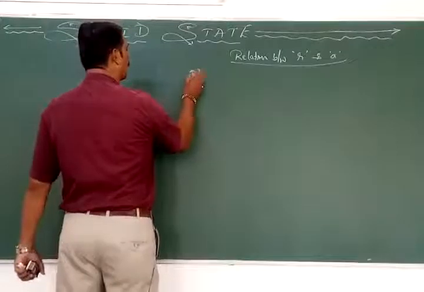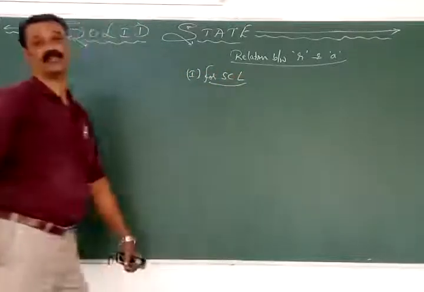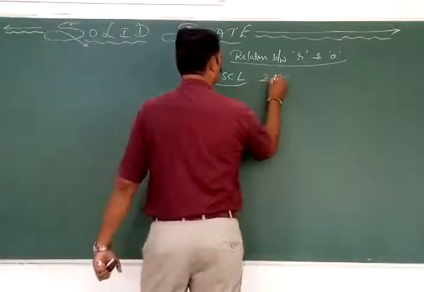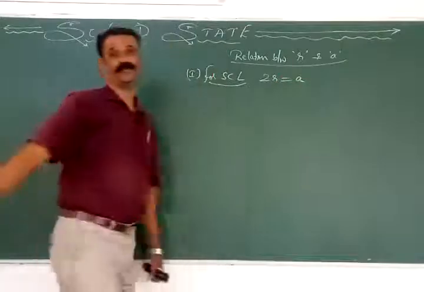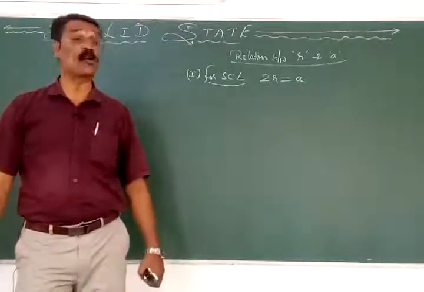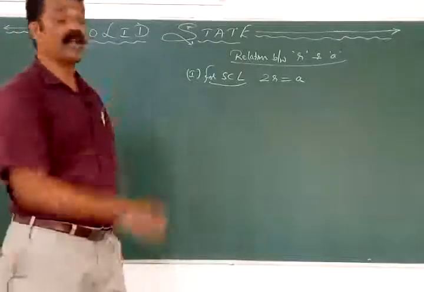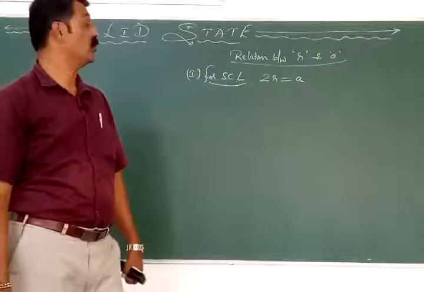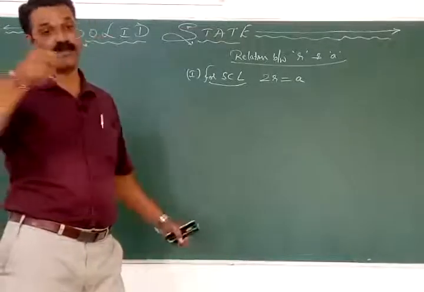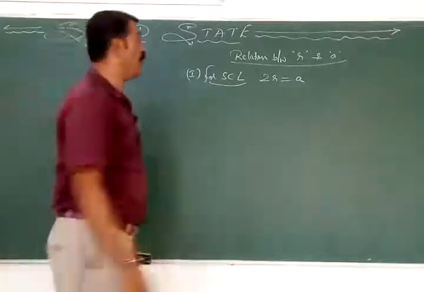What is the relation for SCL, simple cubic lattice? When we are deriving, we are getting 2R is equal to A. As it is only the simple cube, the particles are present only at the corners. During the calculation of the packing efficiency, we get 2R is equal to A. Two spheres touch, which makes the edge length, if the particles are only at the corners.